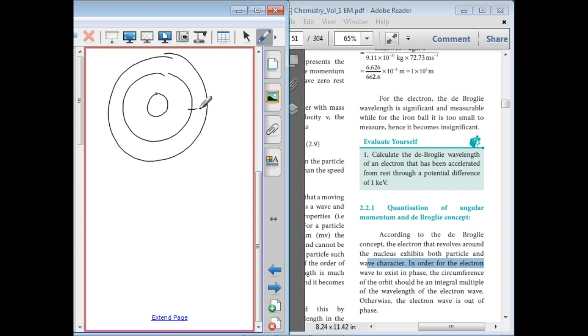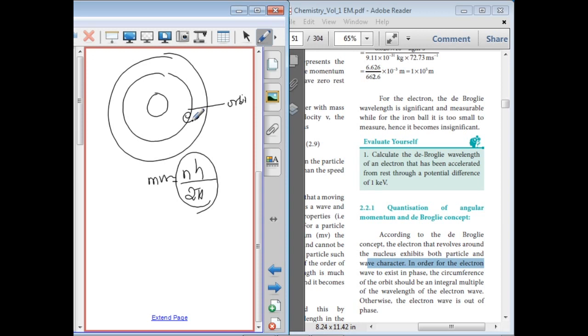So this is the orbit. To revolve in this, the electron's angular momentum mvr must equal n into h by 2 pi. Only if it is a whole multiple of h by 2 pi can the electron revolve in this shell.